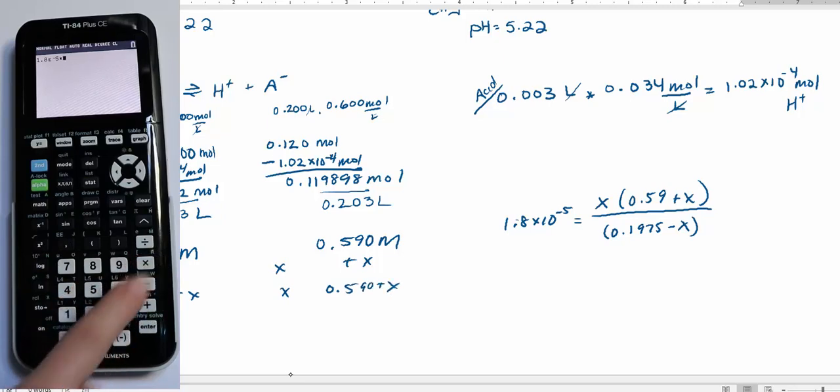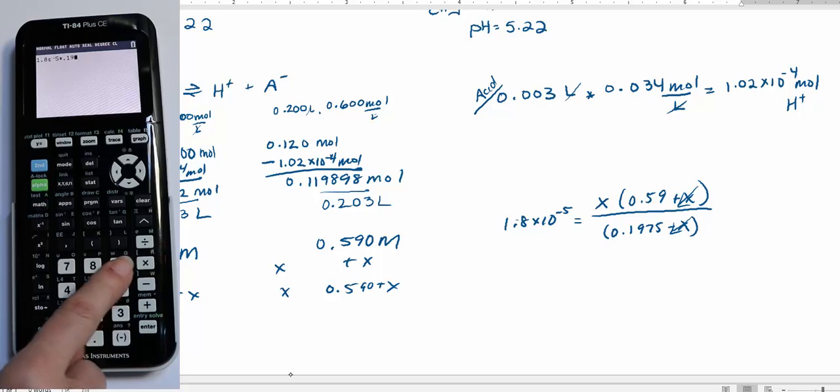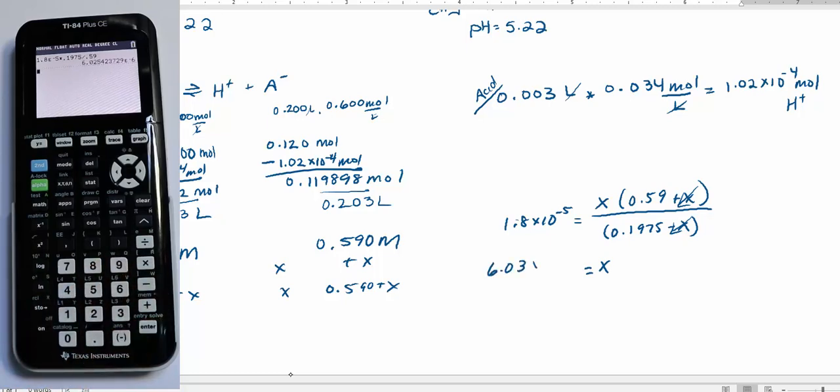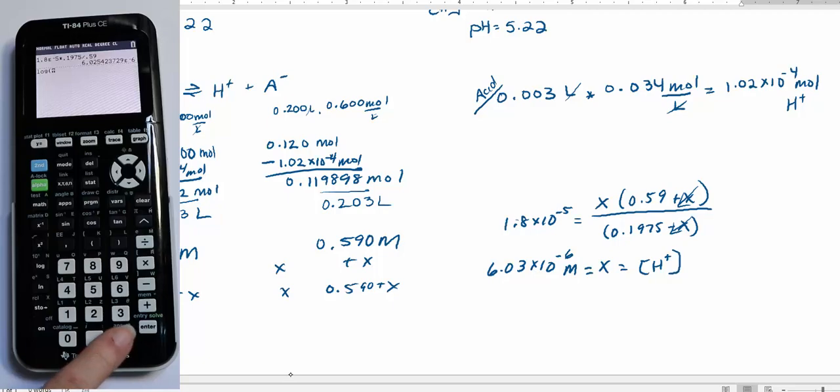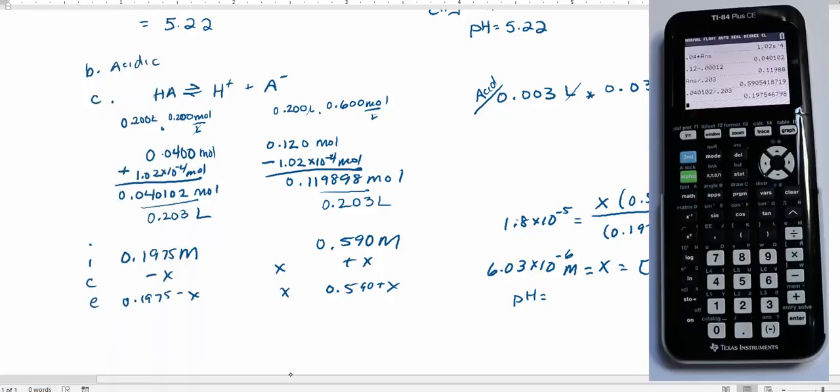We can simplify this and then solve for X. So when I solve for X with this value, I end up with 6.03 times 10 to the negative 6, that's capital M molarity, and that's the concentration of my hydrogen ion. So now I can find the pH by taking the negative log of this value, 6.03 times 10 to the negative 6, and I get a pH of 5.22.